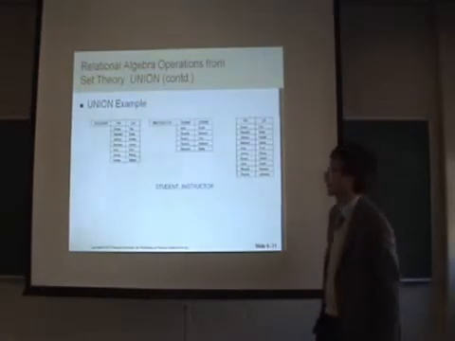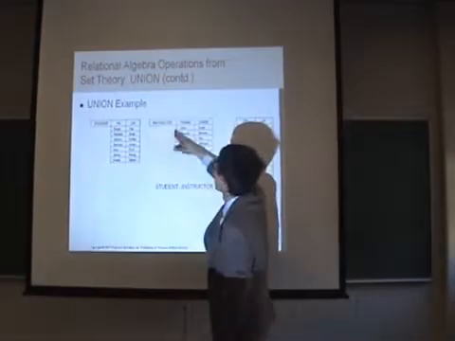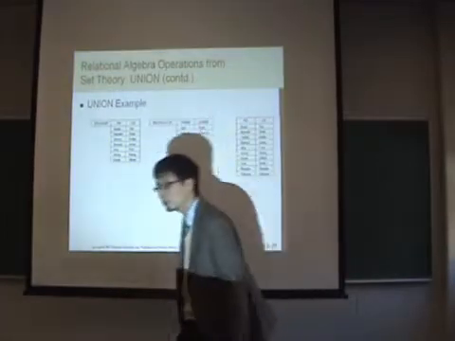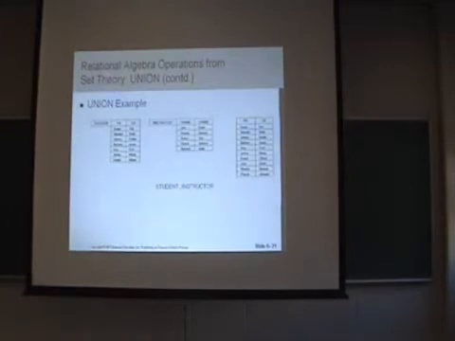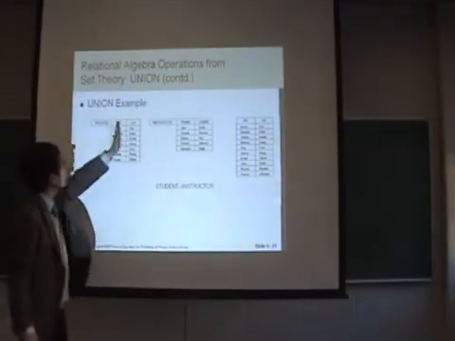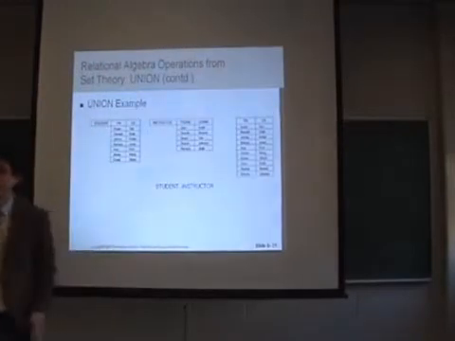One more thing actually. This is a student relation, first name and last name. This is an instructor relation. Somebody may be curious. They are different. How can we combine two different things? Can we union social security number and first name? No, definitely not. They are totally different. So can we union student FN, LN with instructor first name and last name? Can we do that?